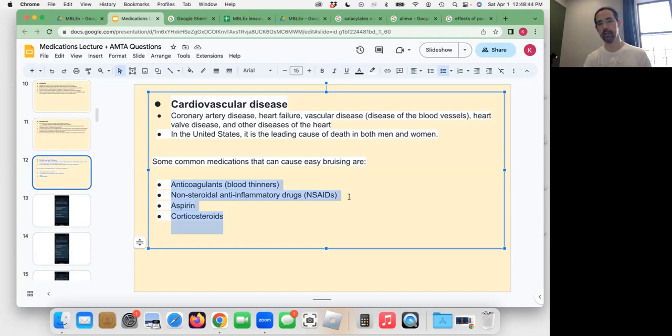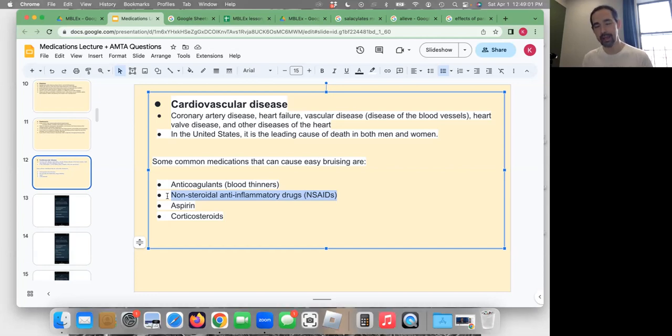And then non-steroidal anti-inflammatory drugs. What do we have to watch out for with NSAIDs? Also bruising, but with NSAIDs, there's often an analgesic or a pain-killing effect.